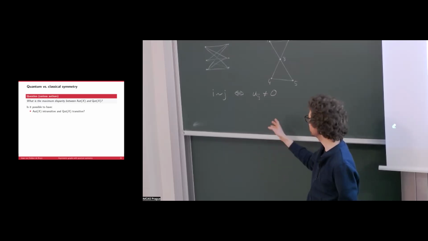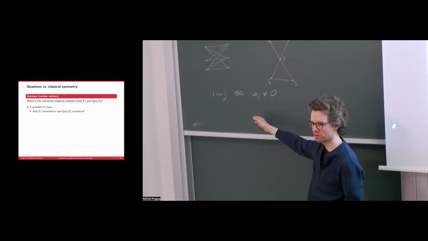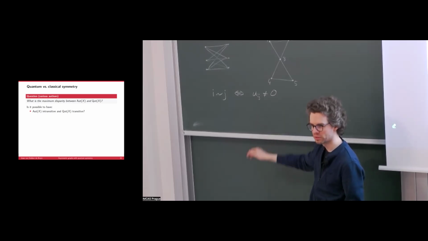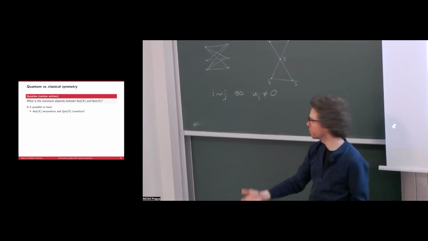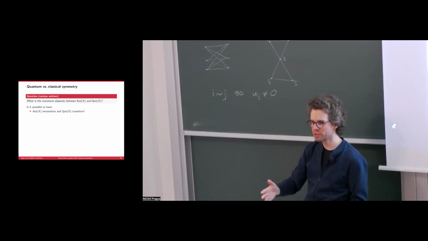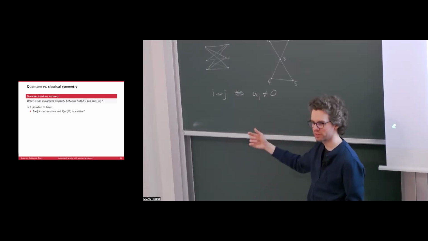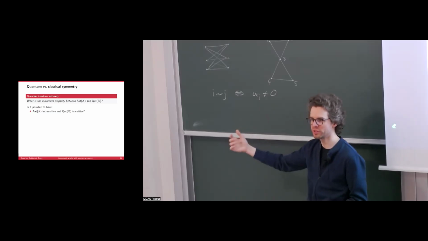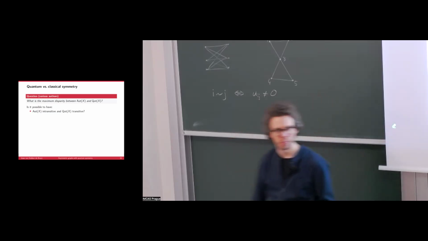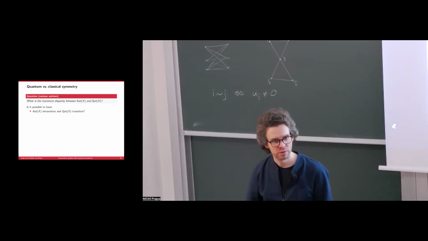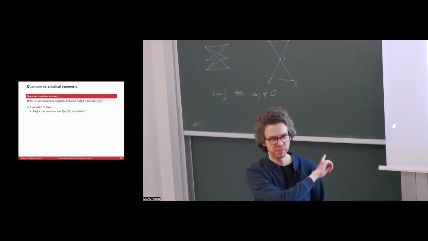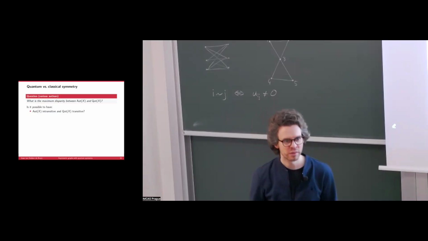And so the orbits are the equivalence classes of this equivalence relation. And classically, if you think of just permutation matrices, this is exactly saying there is a permutation that maps I to J.